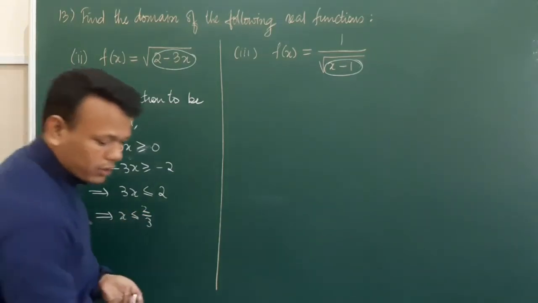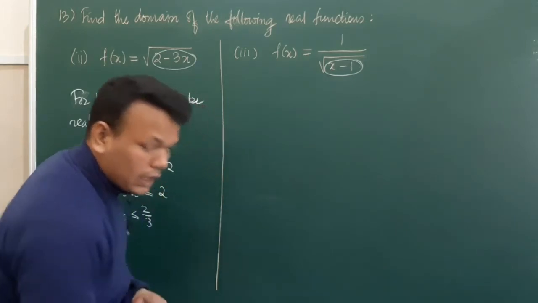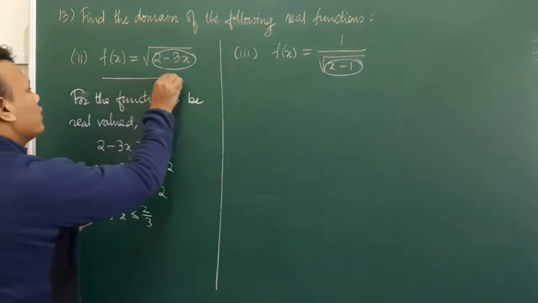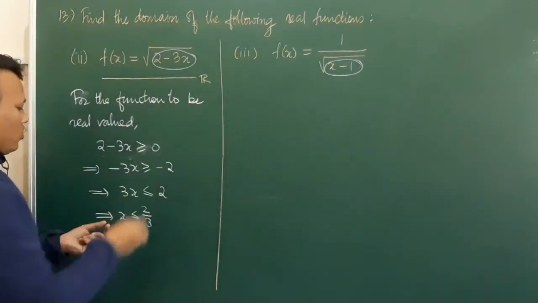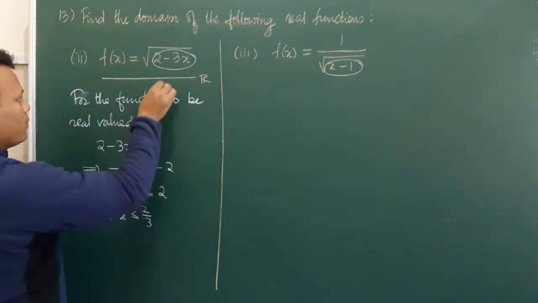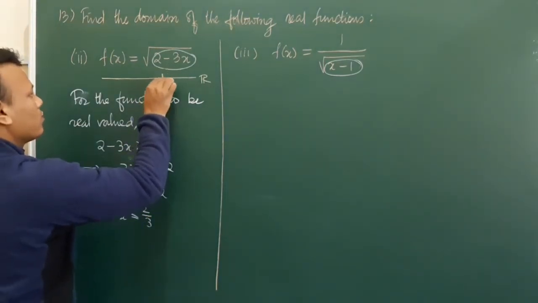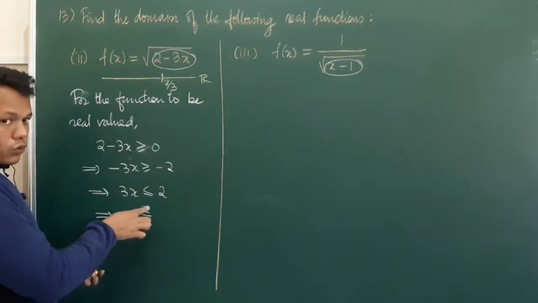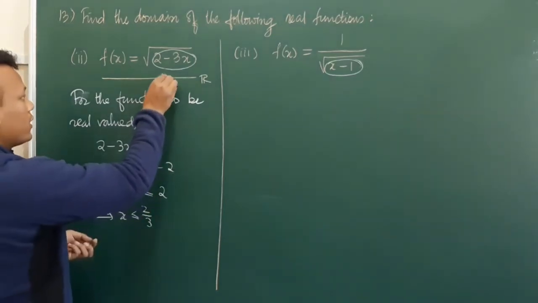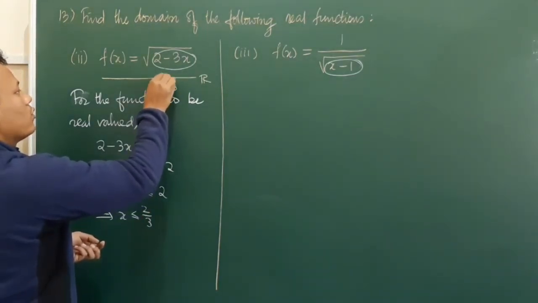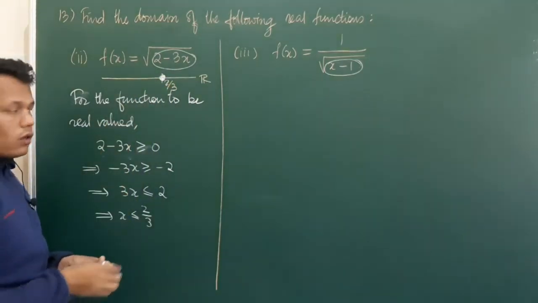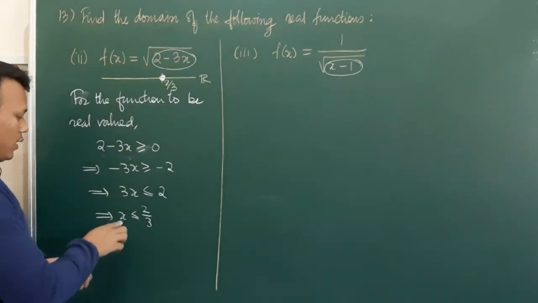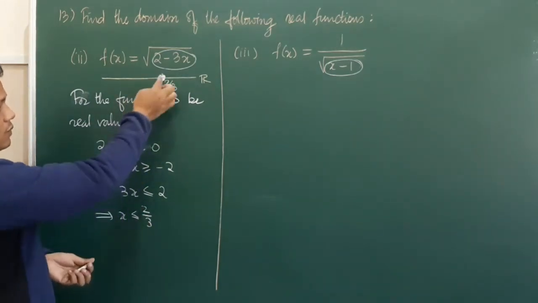Let me draw a real line for you. I hope you remember intervals as a subset of R. So there is a real line here. Let me plot 2 by 3, somewhere over here. x is equal to 2 by 3 is also included, so I put a bold circle. x is less than 2 by 3, so we have to come this way.